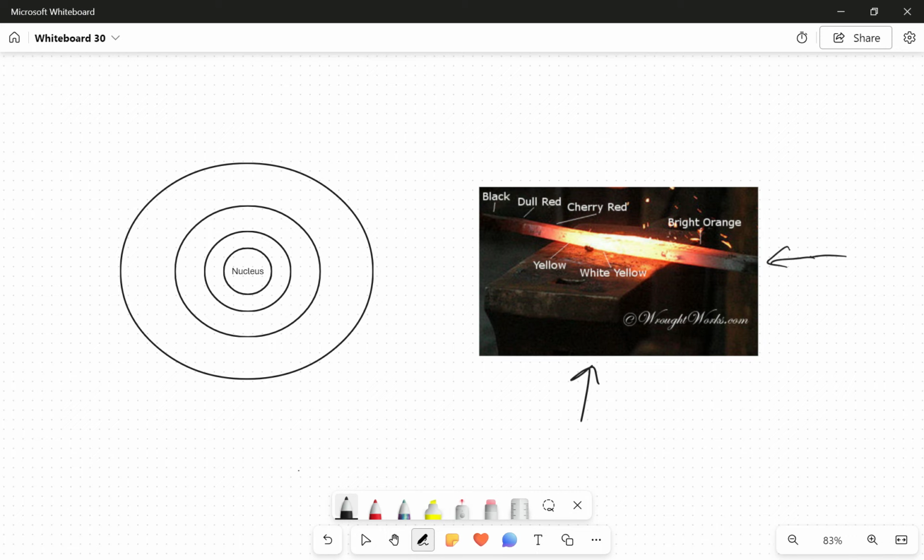Let's say that I was building a house out of Legos, okay? Now I'm going to use like larger Legos to kind of illustrate this, okay?